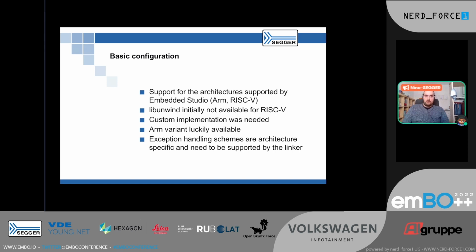And what we also had to update, which we did not expect at first, was our SEGGER linker, because the exception handling schemes are architecture specific. I believe for ARM it was implemented, but for RISC-V it again was not implemented yet, so we had to do this as well.